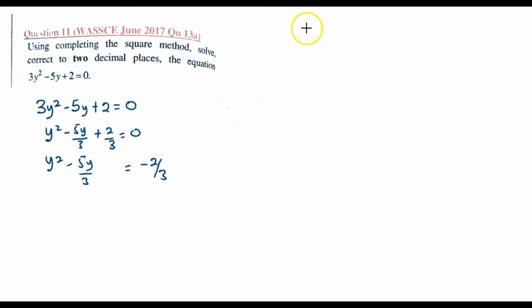Let me do it here, side work. Negative 5 on 3. When we half it, meaning dividing by 2, when you simplify, you end up getting negative 5 on 6. Then we square that value and add it to both sides of the equation. So we have plus, in brackets, negative 5 on 6, all squared.